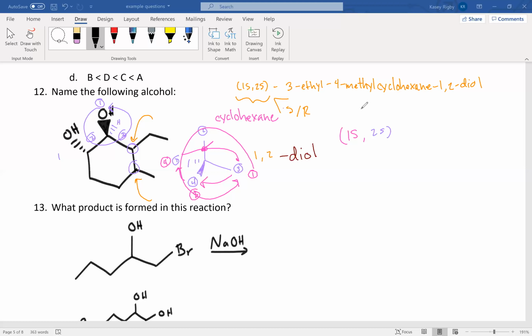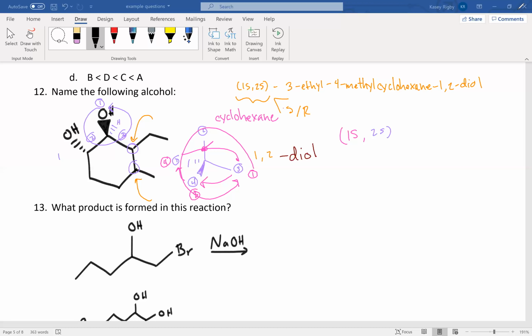He probably wouldn't accept it now, but if you end up getting it wrong because you put 1S, 2S versus trans or cis, I would go to his office hours and talk to him about it, because this is his first time doing things online, and he might just not be putting in all of the possible answers because he isn't used to the online format. Okay, so he did regrade some questions. Okay, good. That makes sense.